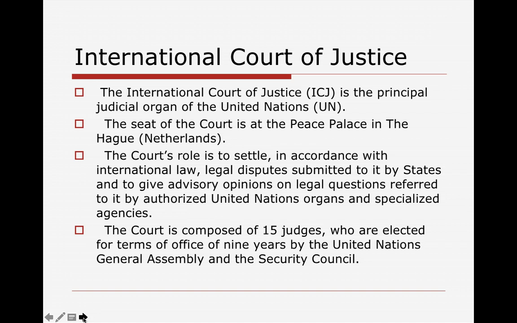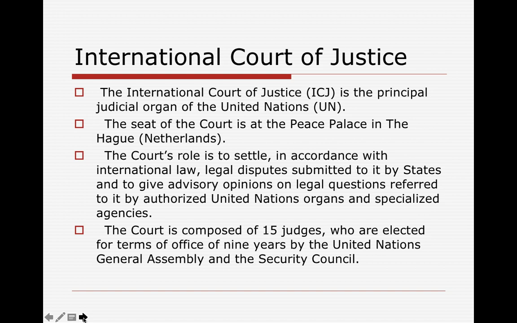So, what you see here is that there are two kinds of cases that the ICJ deals with. One is the cases that states bring to the ICJ. So the example would be the recent matter involving India and Pakistan, or as we know very well, the Kulbhushan Jadhav case.